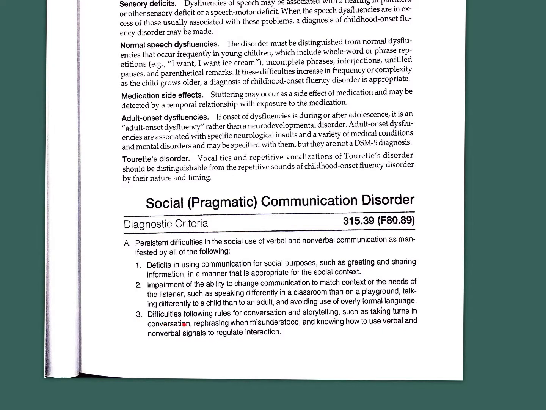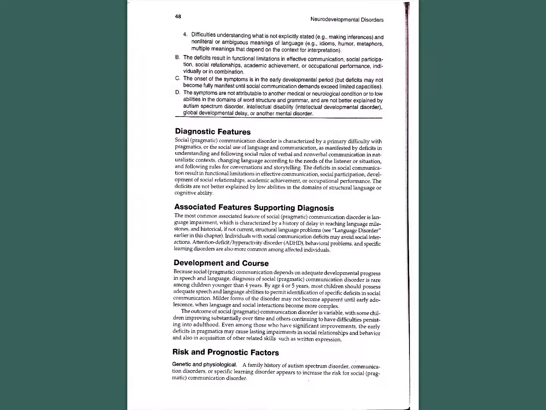Number 3, difficulties following rules for conversation and storytelling, such as taking turns in conversation, rephrasing when misunderstood, knowing how to use verbal and nonverbal signals to regulate the interaction. They'll have a little bit more bizarre type behavior when it comes to the give and take exchange of speaking with someone.